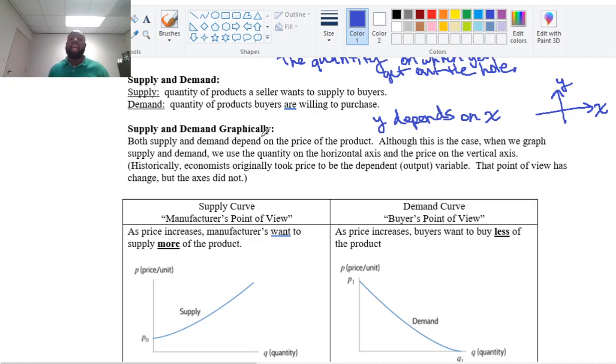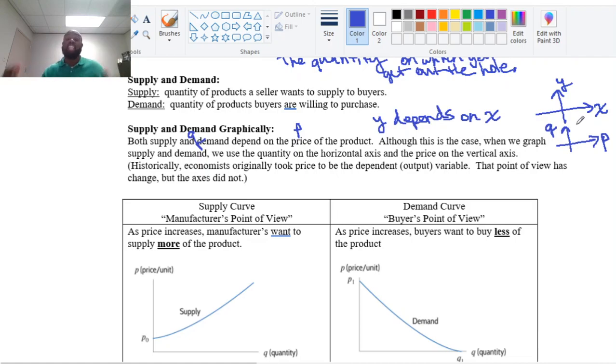So if supply and demand, which are quantities, depend on the price, P, and when I say Y depends on X, the thing that is depended on is on your horizontal axis. So I should put price on my horizontal axis, and I should put my quantity supplied or my quantity demanded on my vertical axis.